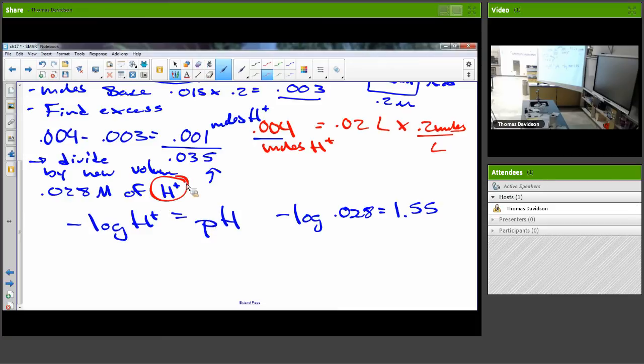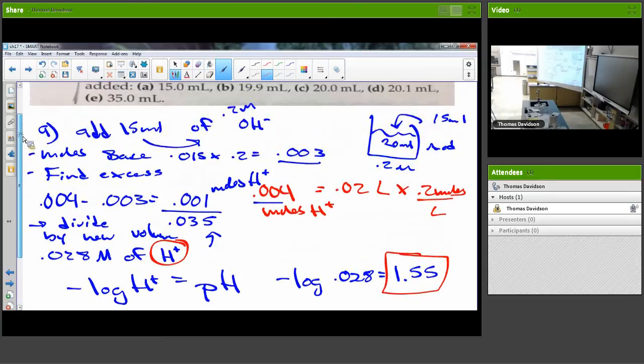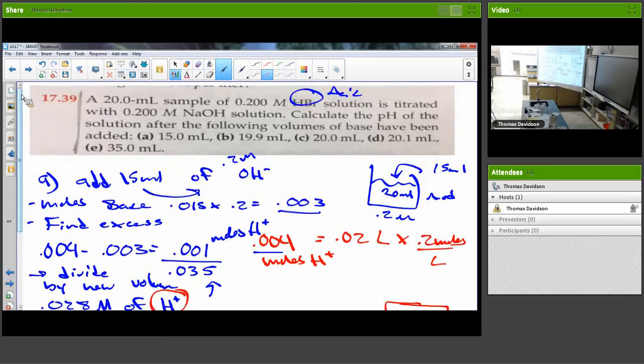Do you remember what that step is? Subtract this answer from 14. Okay, so this is part A. What I would like you to do is the same idea for part B, C, D, and E, and then we'll get good at the math, and then we'll plot it, and we'll get good at the concepts as well.